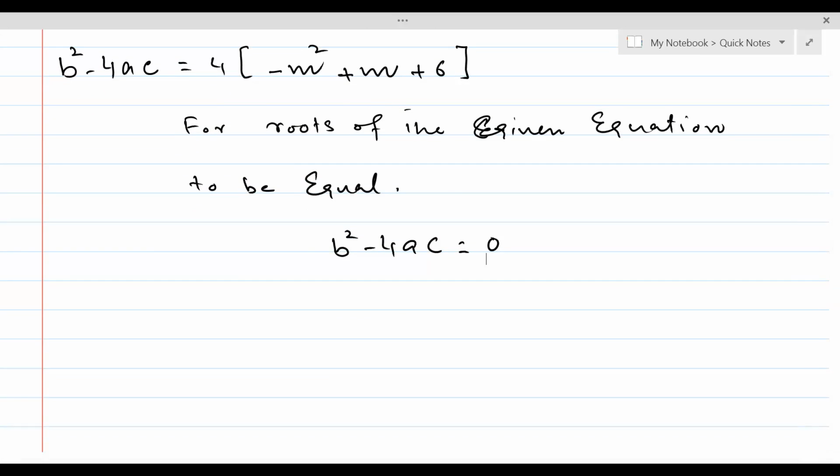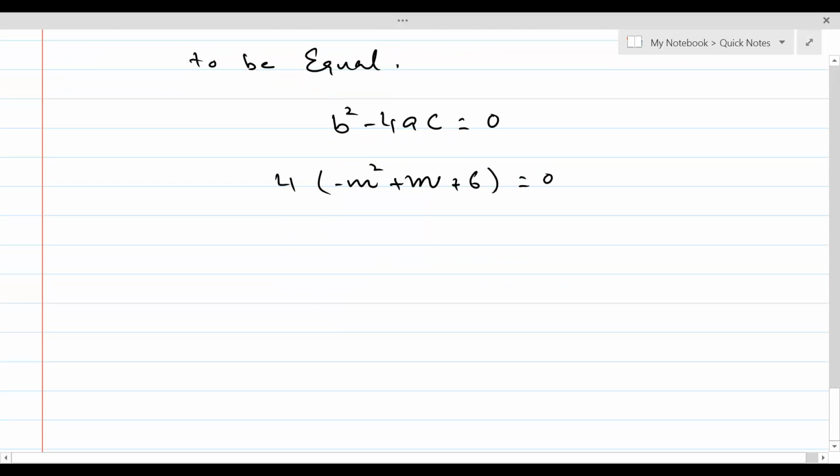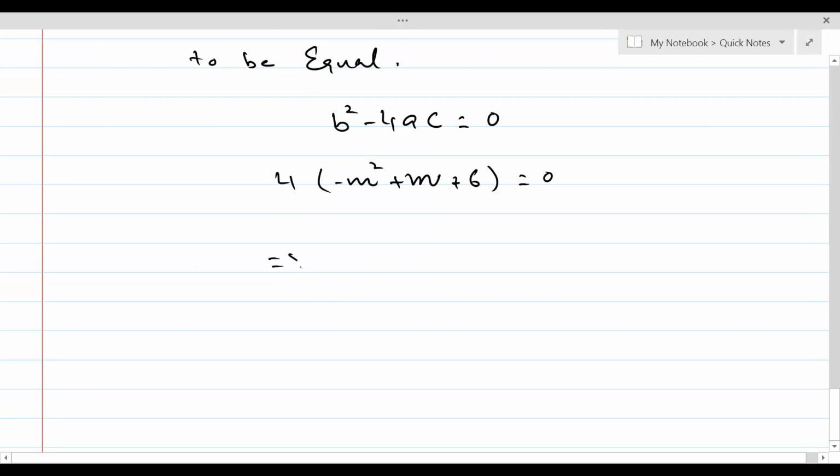If that is the case, this means 4 times minus m square plus m plus 6 is equal to 0. So m square minus m minus 6 is equal to 0, dividing both sides by minus 4.